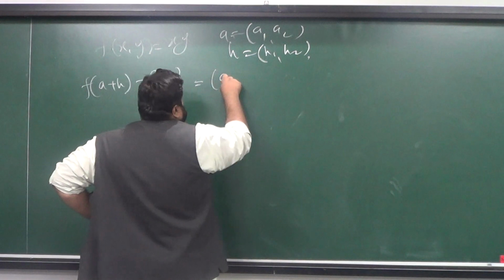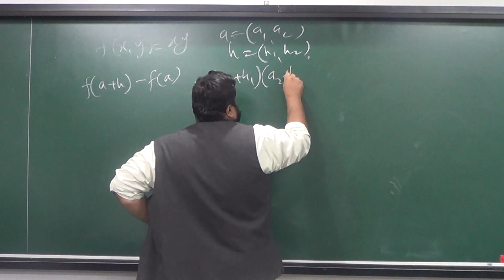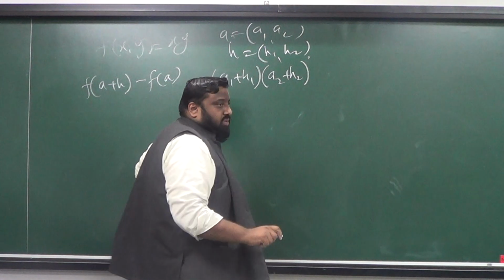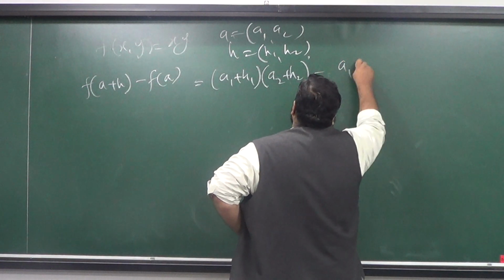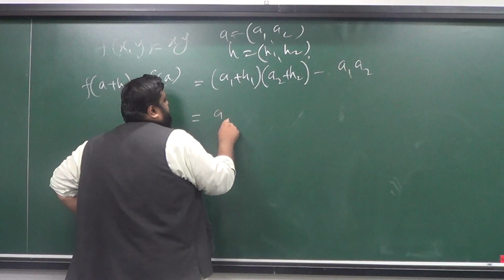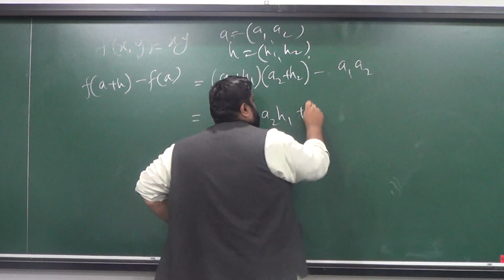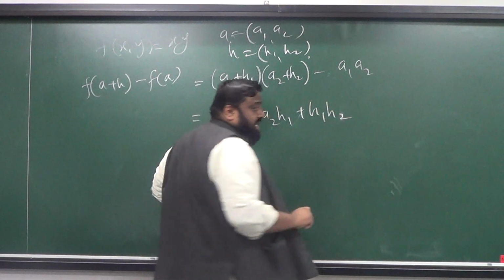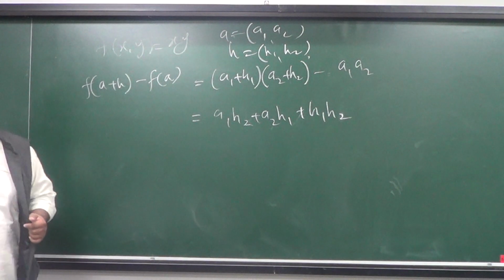This would be (a1 plus h1) by definition times (a2 plus h2), right? And minus f of a, which is a1 a2. And then we did a1 h2 plus a2 h1 and h1 h2. So this was something that we did last time.